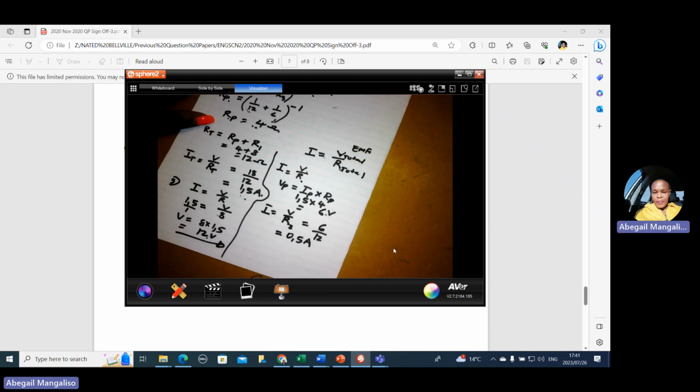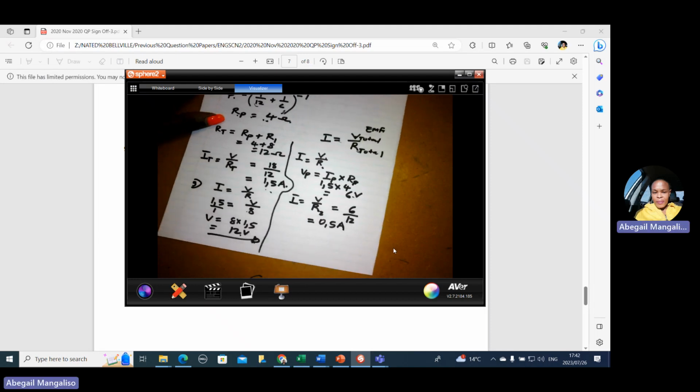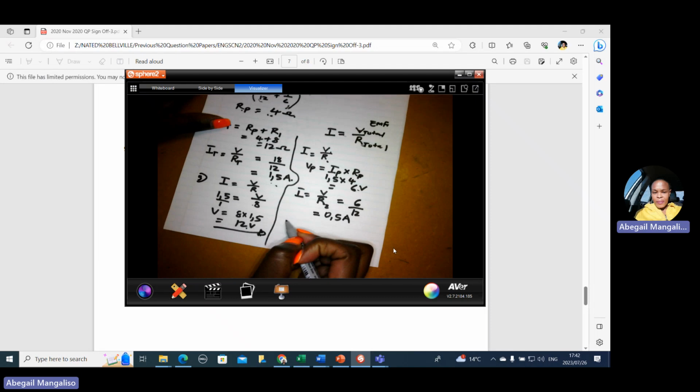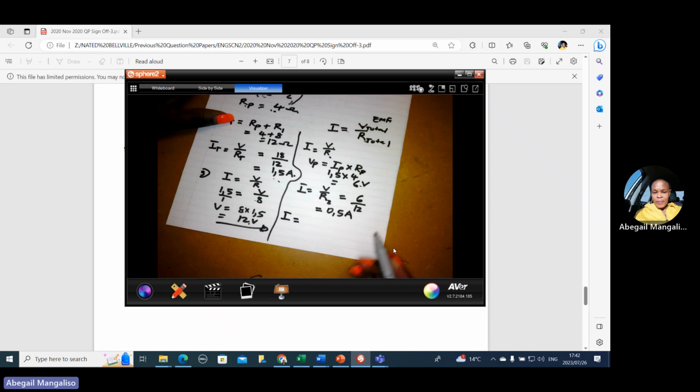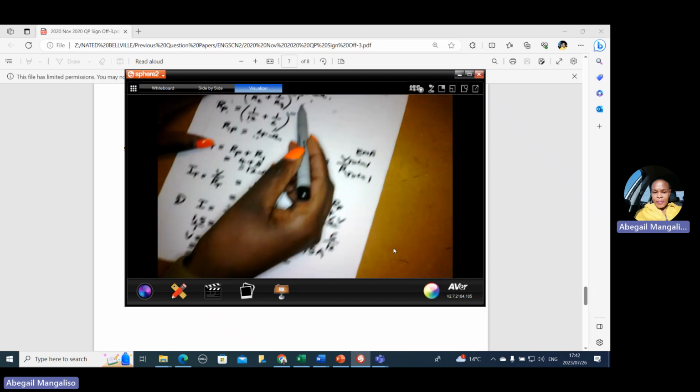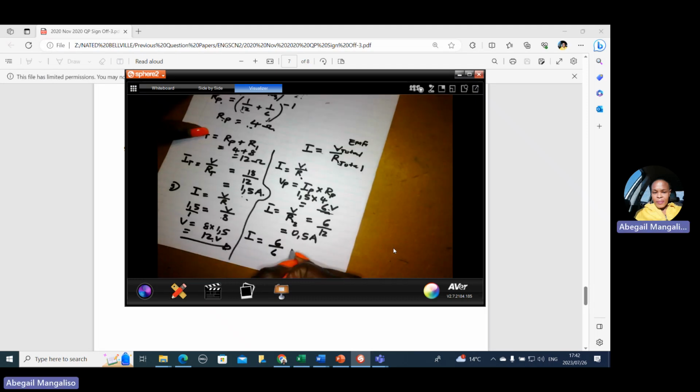We can also calculate current across, it's not part of the question, but I'll just answer. The current across the 6 ohm resistor. Voltage is the same. So voltage is 6, which is V. We got the voltage across the parallel is 6. Divided by R, which is also equal to 6. So it's 6 divided by 6, which is equal to 1 amp.